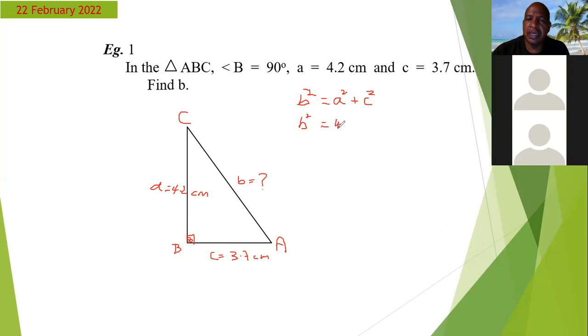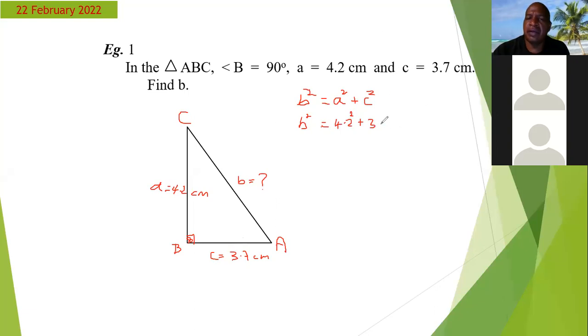But remember now, A squared would give you 4.2 squared, plus C squared. So before we jump to the answer, let us just finish writing it out in this form. So for the C now, we would have C being 3.7. This is C squared, so this has to be 3.7 squared.